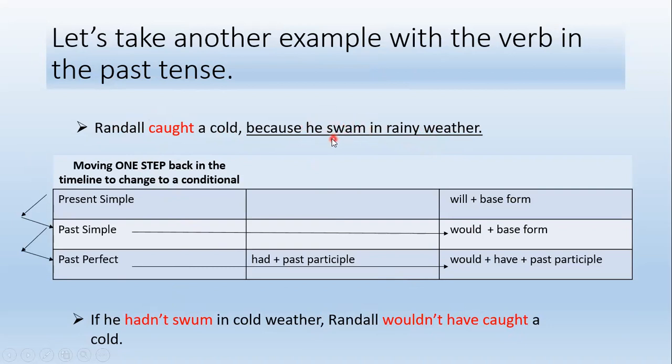In which tense is it written? It's written in the past. I identified the cause, the verb in the cause, and its tense. So it's past simple. It should go back to past perfect. So we say had swum, but we know it should be negative. We say if he hadn't swum in rainy weather, comma, Randall, we said caught would be in past perfect, wouldn't have caught a cold. All right.